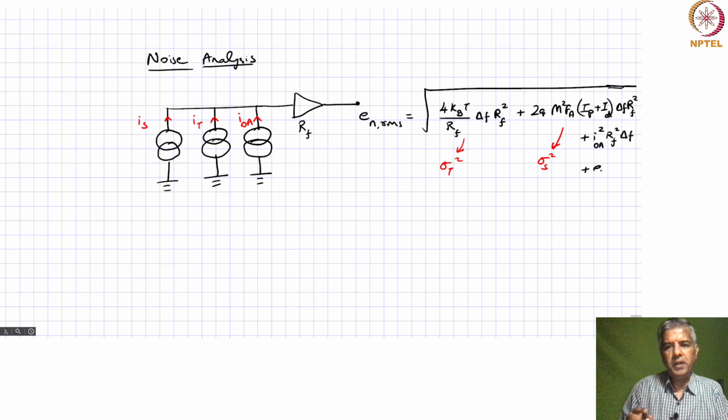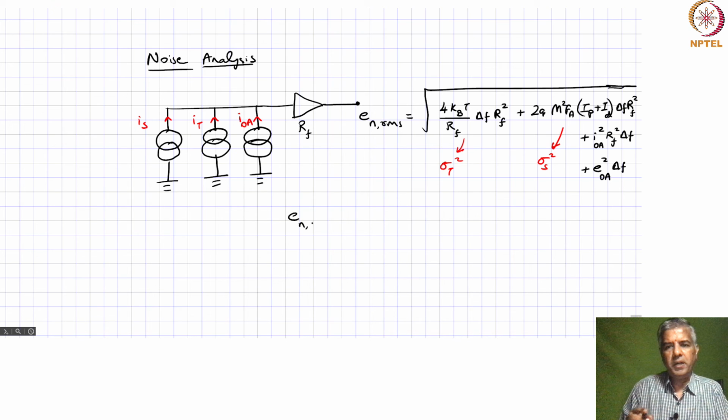So E_OA is the voltage noise density, and E_OA square multiplied by delta f is what we have. So we have basically a common term coming out.